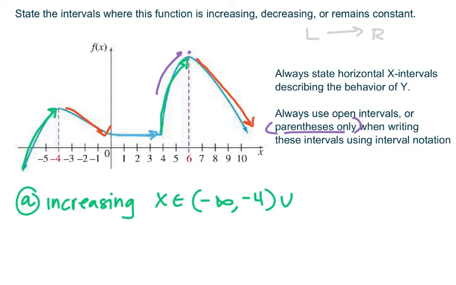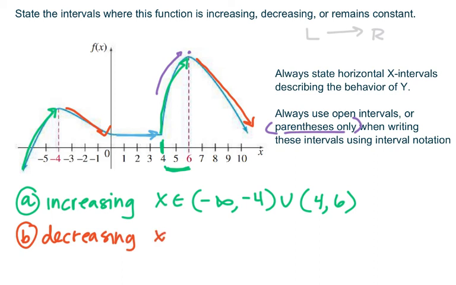So, or the other interval is here between 4 and 6, so 4 to 6. If we were to look at decreasing intervals, on which intervals are my y values decreasing? Well, that's going to occur between -4 and 0, this horizontal region, as well as from 6 to +infinity.